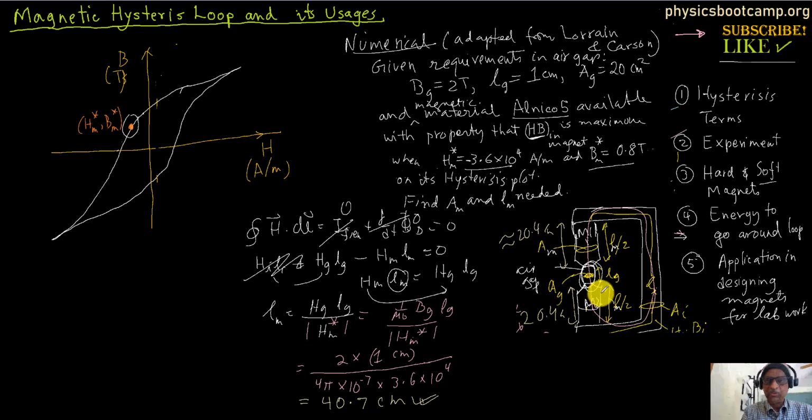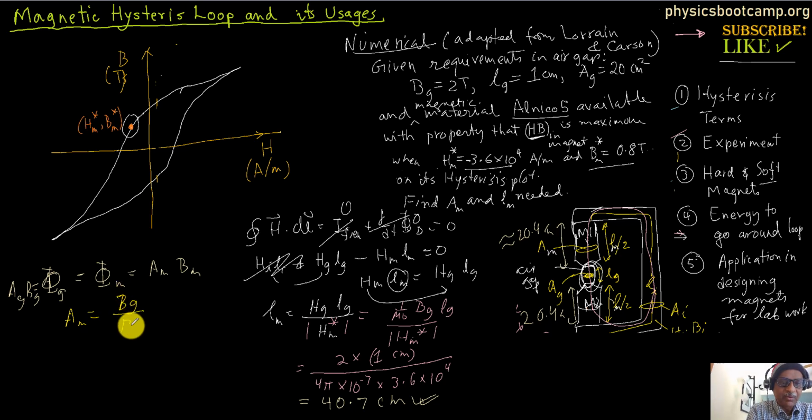To get the area of cross section, we set the flux in the gap equal to the flux in the M, so this side is Am Bm, and this side is Ag Bg. Bm is already at Bm star, so Am is just going to be Bg over Bm star times Ag.